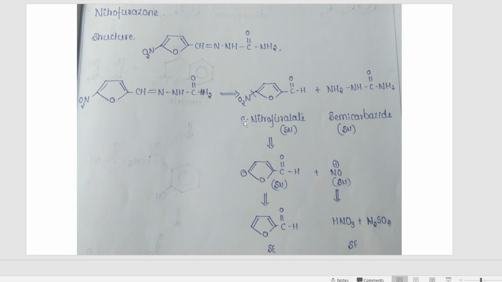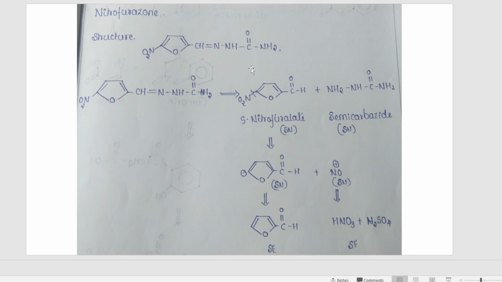So this is nitrofurfuralate, and whenever there is a nitro group, students, you know where you will disconnect further? The disconnection is not over yet. This molecule is enough. There's no more disconnection required because semicarbazide is readily available. So the reverse reaction is feasible and workable.